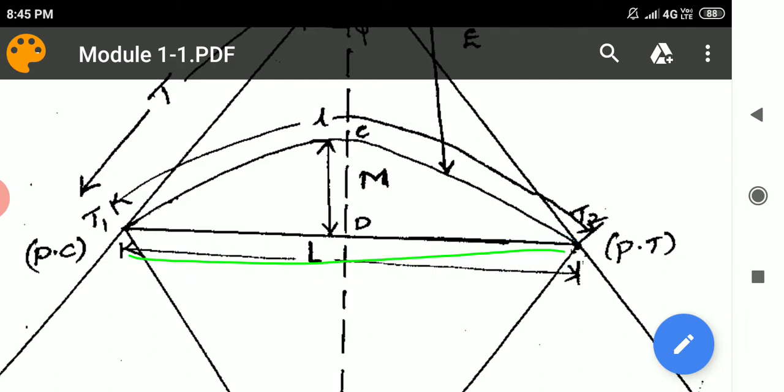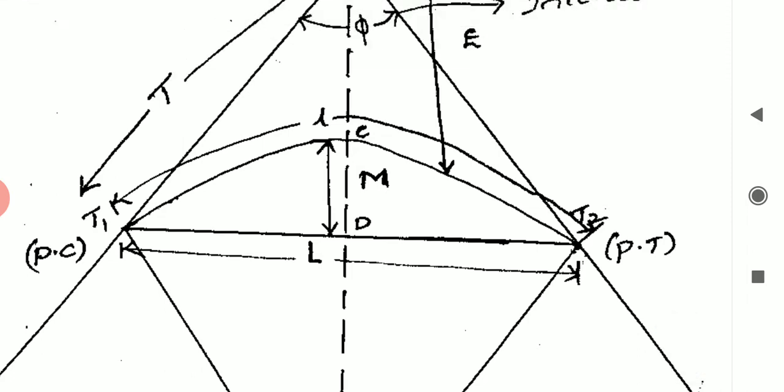It is the length of the curve from the point of curve to the point of tangent. Next definition is the long chord. It is the chord joining the point of curve to the point of tangent. Mid-ordinate, which we also discussed, is M. It is from the midpoint of the long chord to the midpoint of the curve.